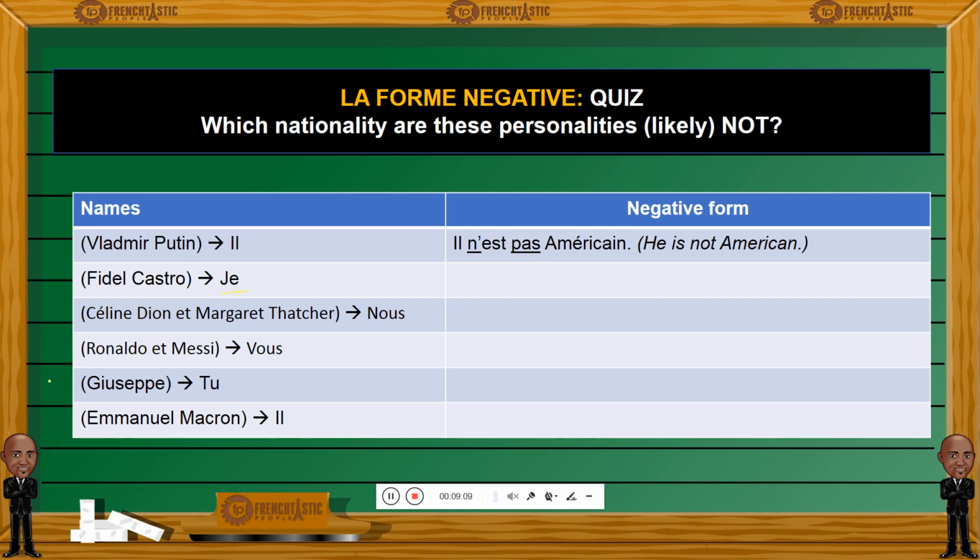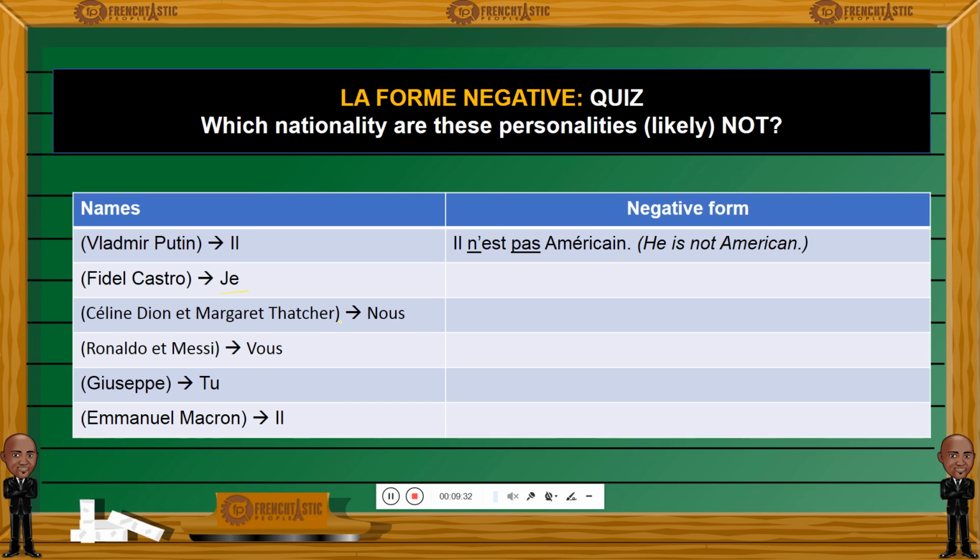Now, next, Céline Dion et Margaret Thatcher, former British Prime Minister. They are speaking in the new form, using the new subject, nous. So what would they say? They would say nous and find a nationality that they are not.